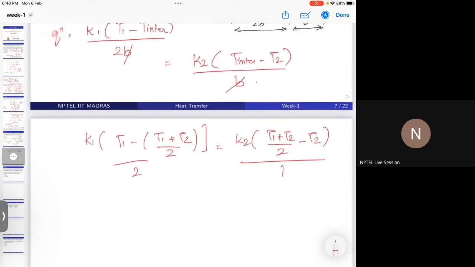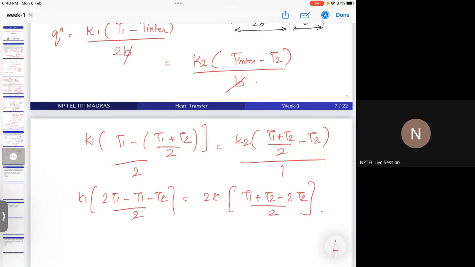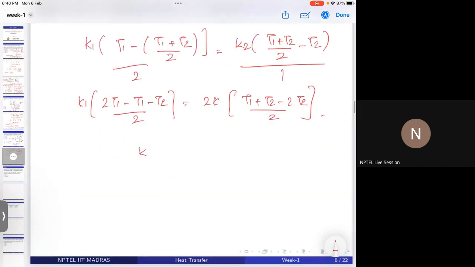Which is equal to K1 times 2 T1 minus T1 minus T2 by 2, equal to K2 times 2 T1 plus T2 minus 2 T2 by 2. So that is K1 by 2 times T1 minus T2 will be equal to K2 times T1 minus T2. K1 should be 2 times K2.